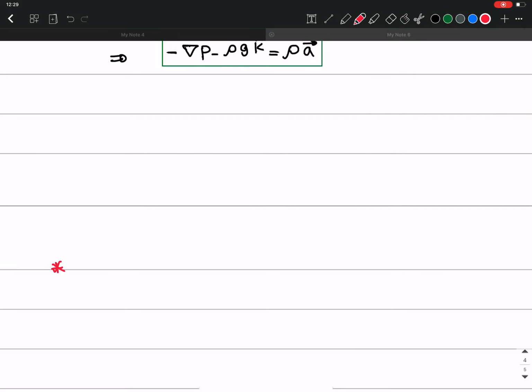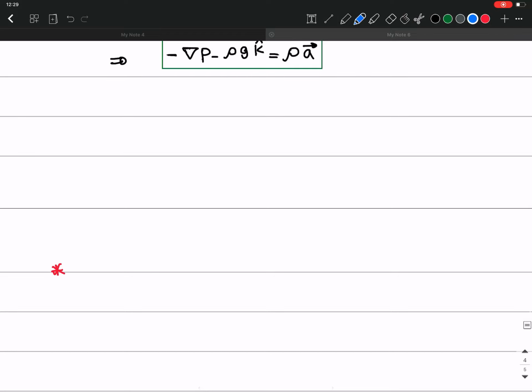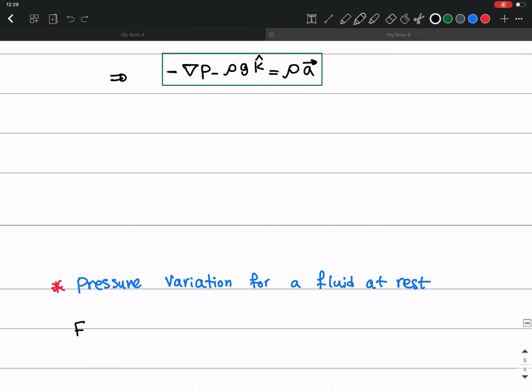So for a fluid at rest, for a fluid that is not moving, we have a, or the acceleration of that fluid, because it's not moving, is 0, right?